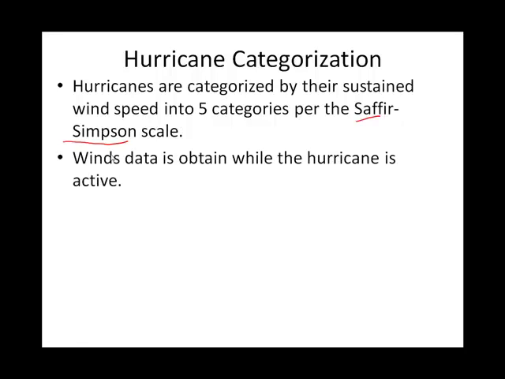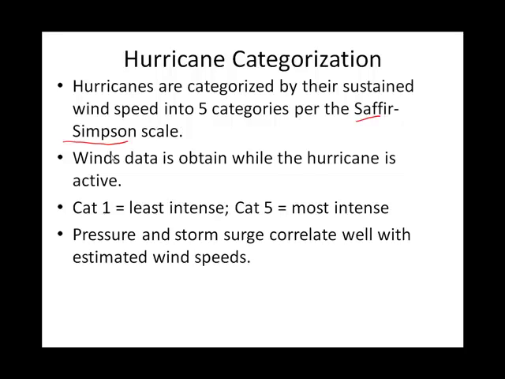Now, one of the big differences between categorizing a hurricane versus categorizing a tornado is hurricanes, or whatever stage they're at, if it's a tropical storm or a tropical depression or tropical disturbance, it's categorized as the system is alive or active. So Cat 1 is the least intense, Cat 5 is the most intense.